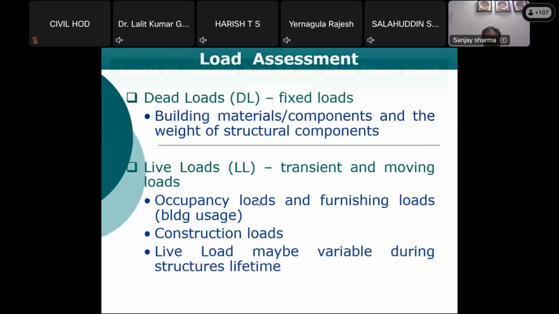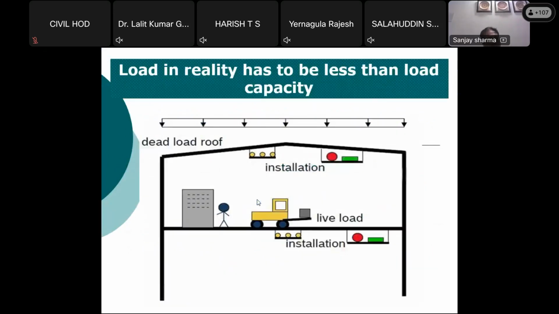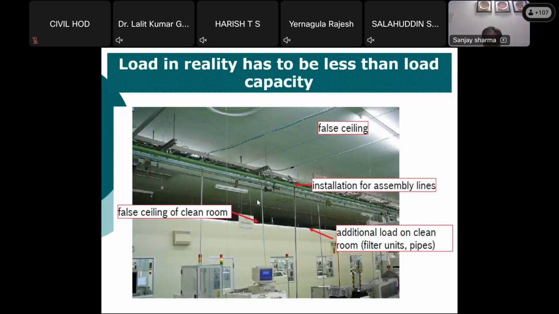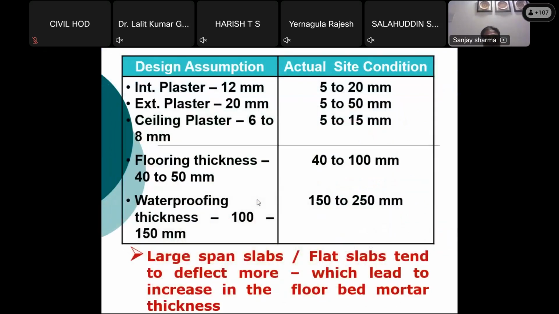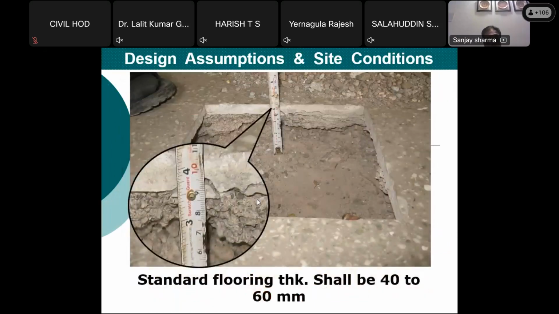There are different types of structures, and many times we find they have changed the loading conditions. The building was designed for some load, but they have put additional load in between: a false ceiling has been constructed, some platforms, additional rooms. Sometimes design assumptions are different from the actual conditions at the site, and we need to understand that.